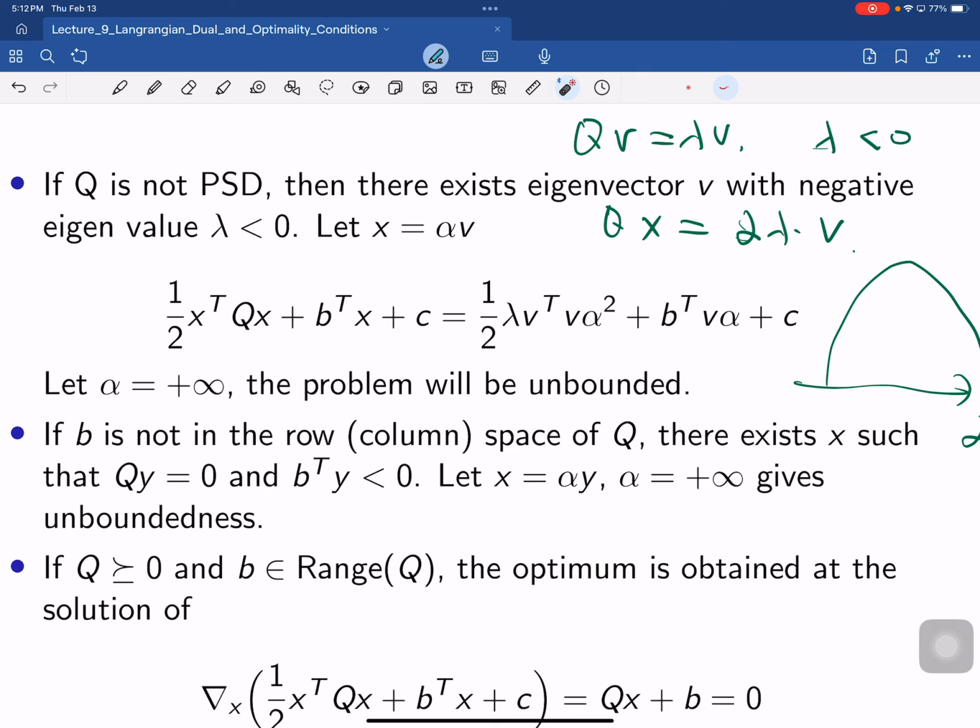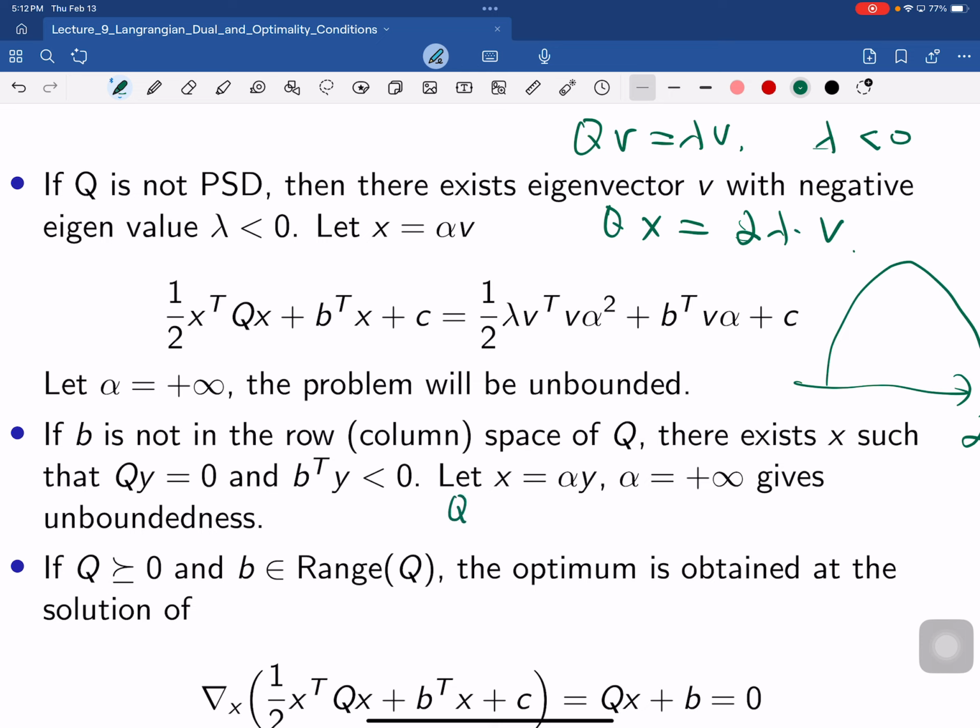Now, if you set x equals alpha y and let alpha go to infinity, that will also give you an unbounded problem. How do you see that? Because y is in the null space of Q, we have Qx equal to 0.